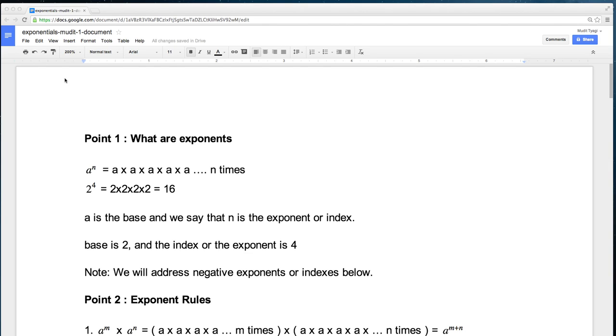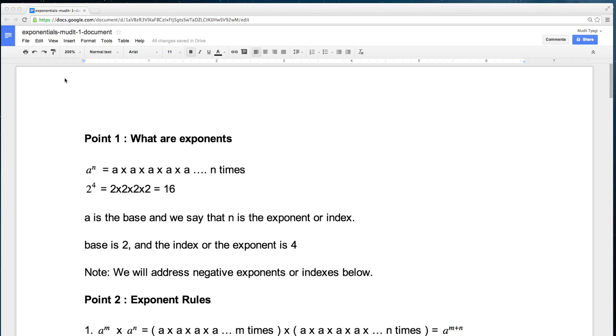Okay, so let's take a look at what exponents are and how we use them. If we see an expression like a to the power of n, what that means is you have n a factors to give you the product a to the n.